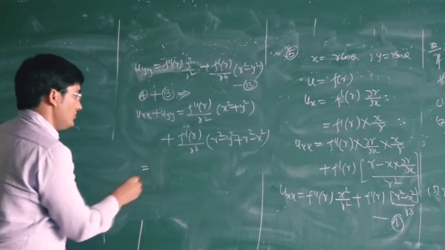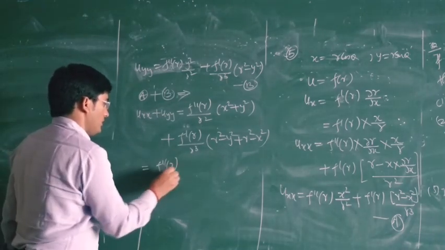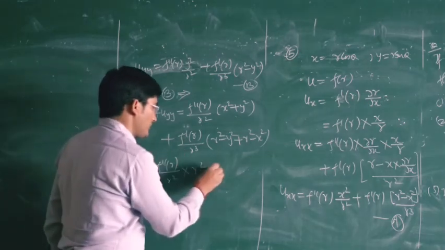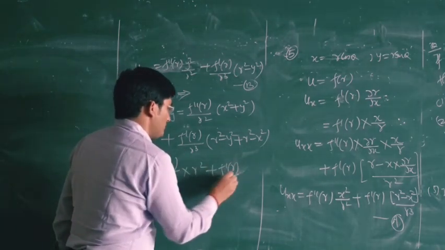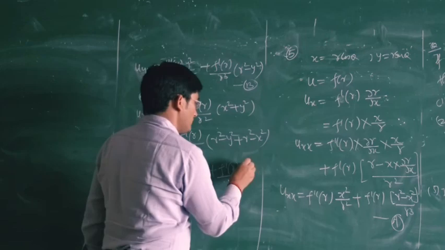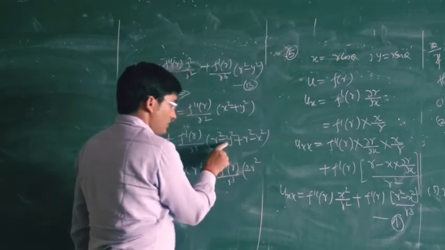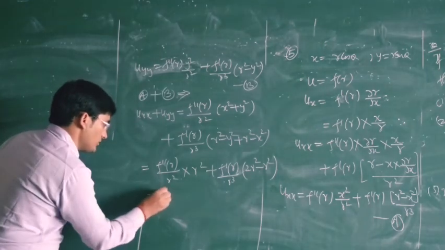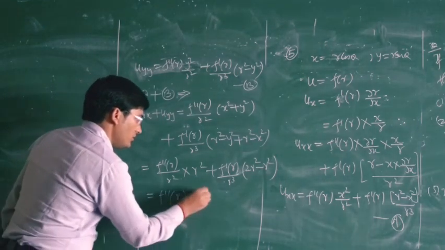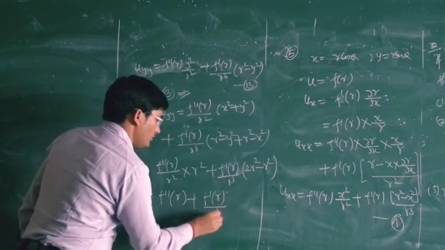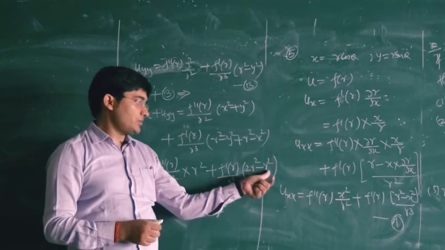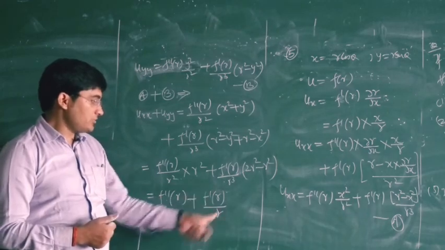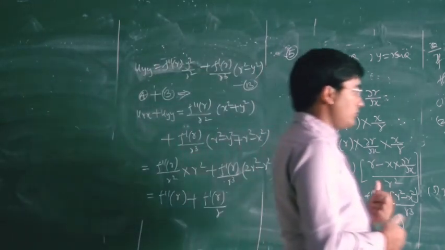So this is equal to f double dash r upon r square, x square plus y square is r square, so we have f dash r upon r cube. Now this is your 2r square, then we will have minus x square minus y square, so this is your r square. So this is equal to f double dash r plus f dash r upon r. This is your 2r square minus r square, that means r square. So we will have f dash r upon r. So this is what we had to prove.